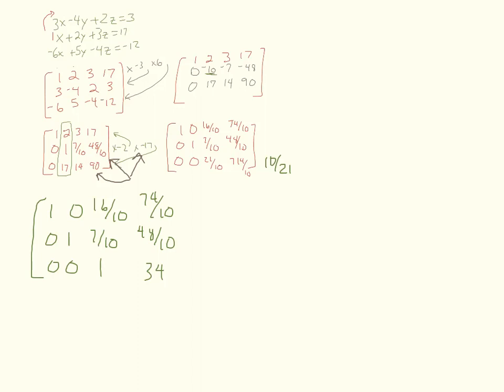And if you do that, you end up with 84 over 10, not 714 over 10. Okay? So then, when you multiply that by 10 over 21, 84 divided by 21 gives you, in fact, your 4 that you are looking for, not 34. Okay?